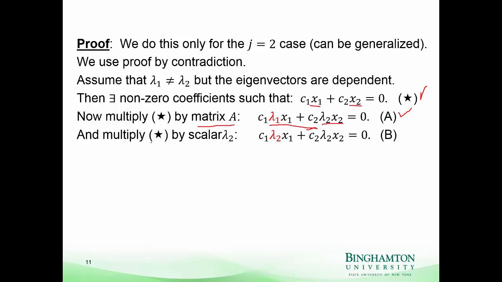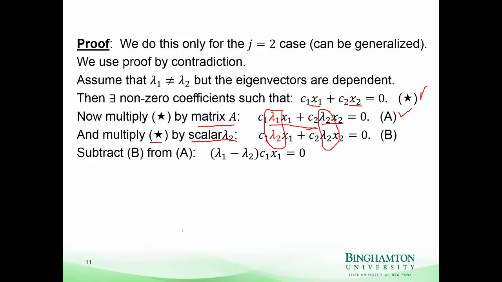Now we're going to multiply star, same thing, by the scalar lambda 2. So when I multiply that through, I'm going to get something that looks very similar, but notice that I have different lambdas here. I have the same lambda here. So I'm setting up something that's going to give me some machinery to work with.